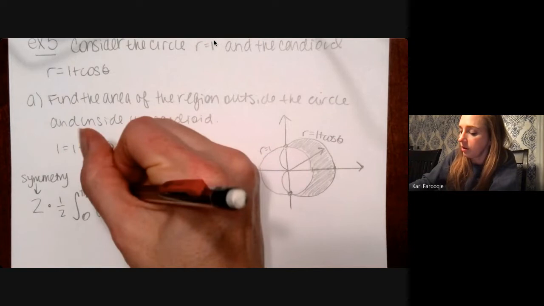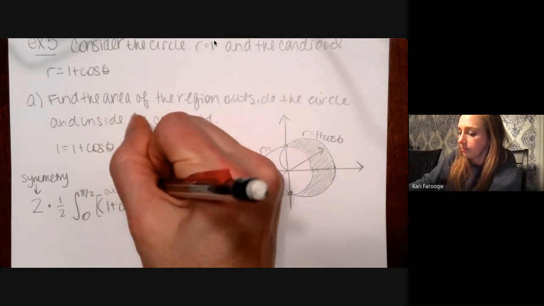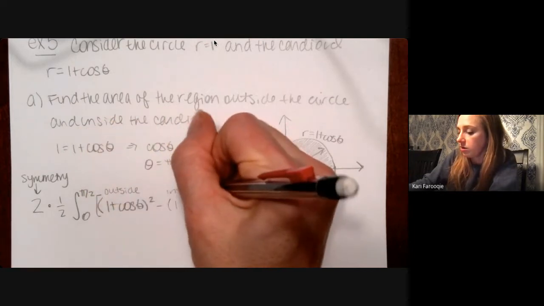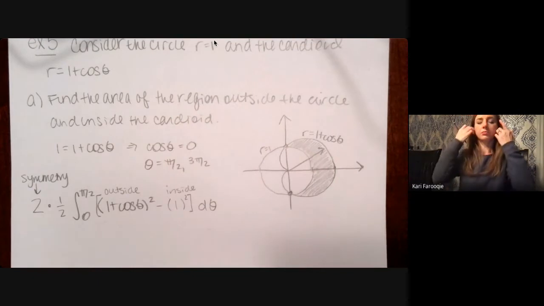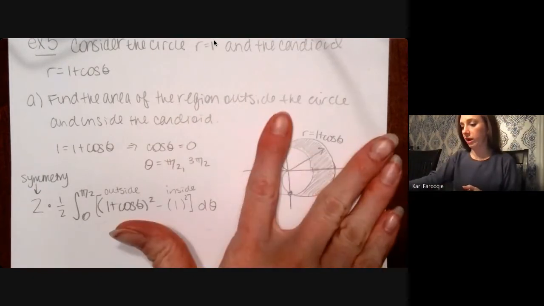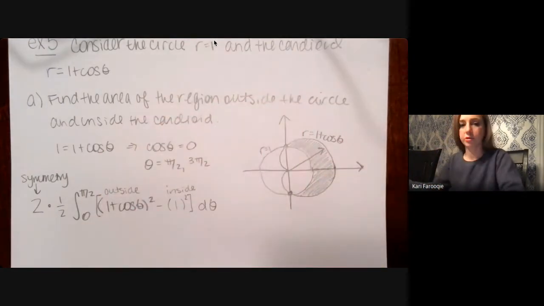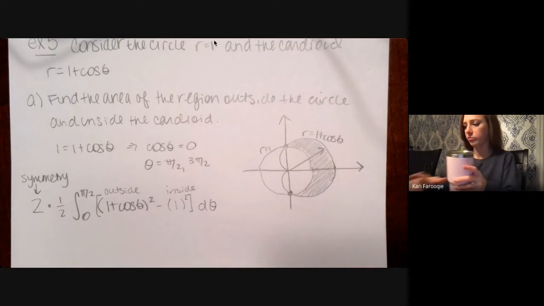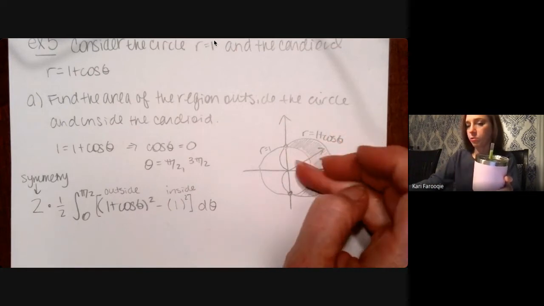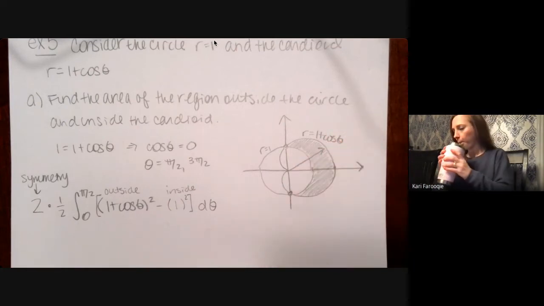So this is the outside minus the inside. Some of you will think about this in terms of subtraction, where you're just subtracting off the area that you're not using, and others will really think about this more as taking one curve away from the other.